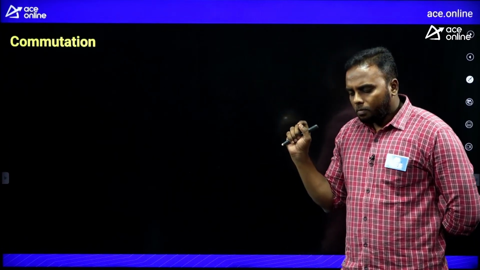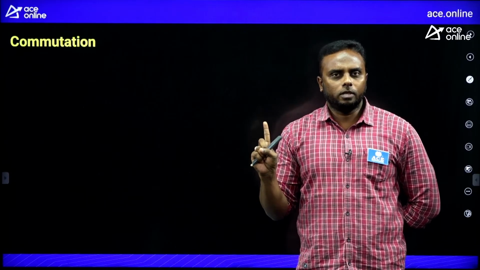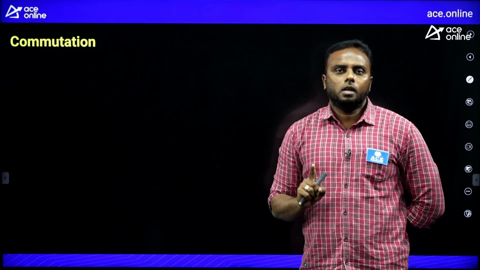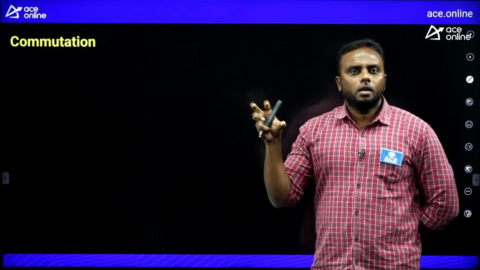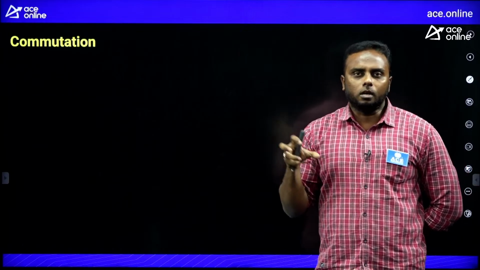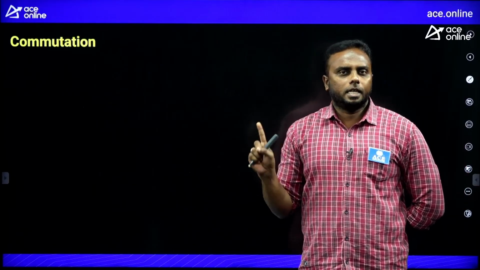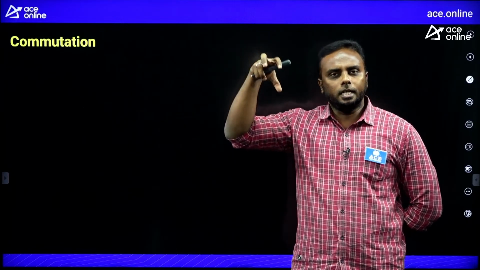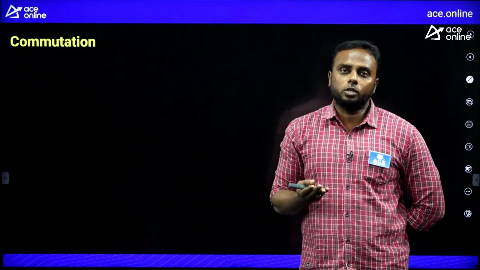Now, how to improve commutation? What are the methods? First one, resistance commutation. How to achieve it? By using carbon brushes, we improve the commutation, meaning the spark will reduce. Second, interpole commutation: by placing interpoles also we can reduce the spark at the brush, or improve the commutation.